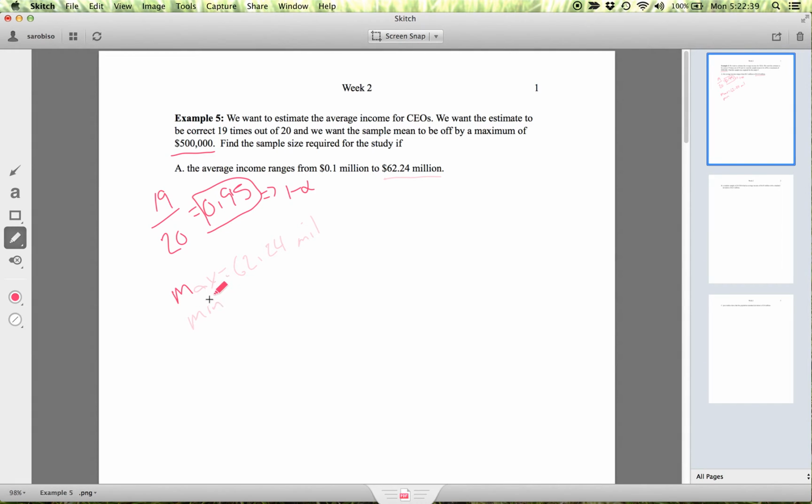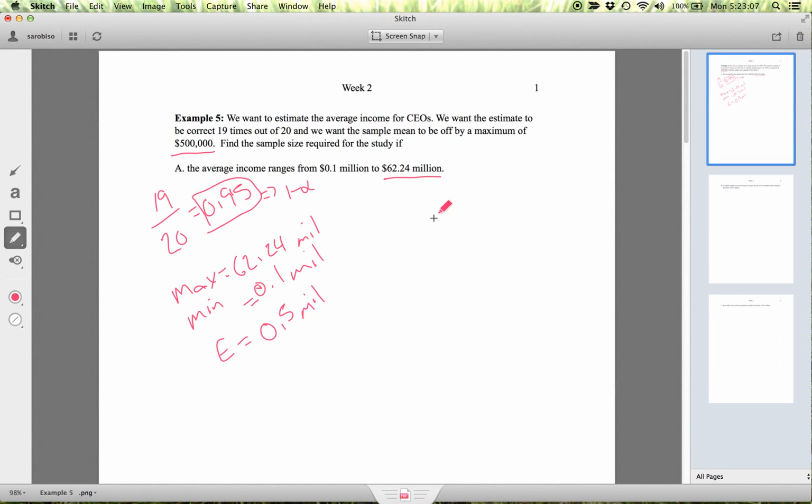The minimum is, of course, 0.1 million. And then, of course, we are also told the allowable error is $500,000. But let's make sure that all of our units are the same. We've done these in millions here, so 62 in terms of millions and 0.1 in terms of millions. Let's put this value in terms of millions as well. That would be 0.5 million.